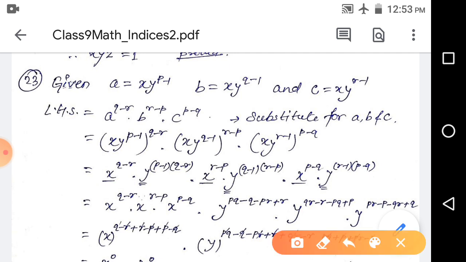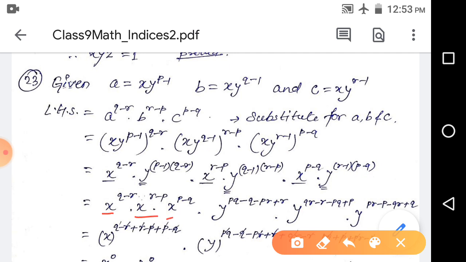Similarly in the next term we have x to the power r minus p, and y to the power q minus 1 into r minus p. Now here we have x to the power p minus q, and y to the power r minus 1 into p minus q. Now we write all the x near to one another.